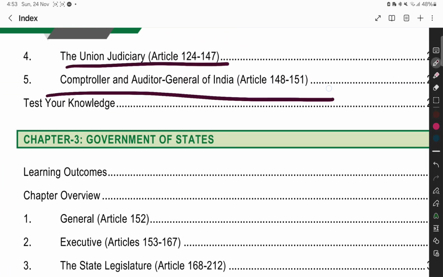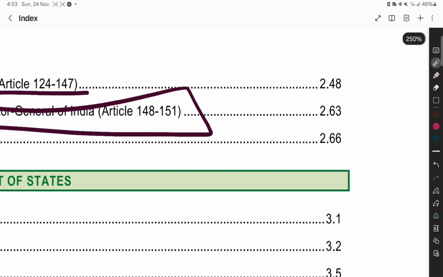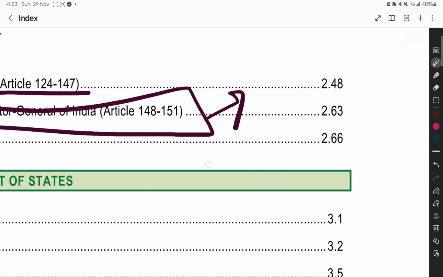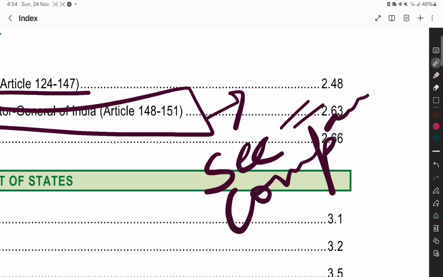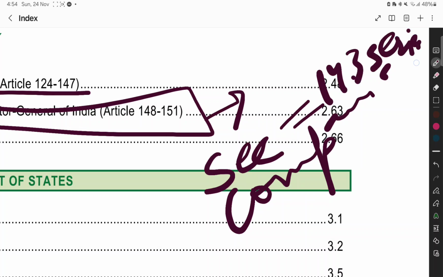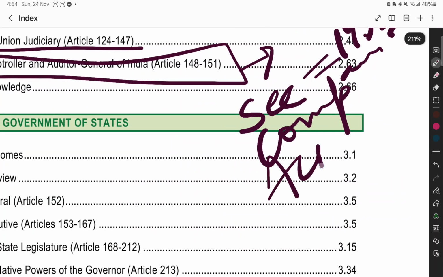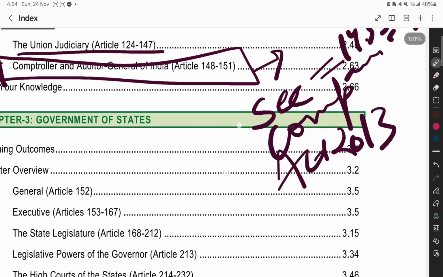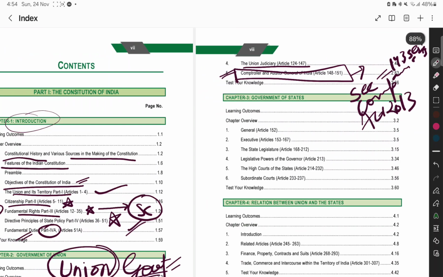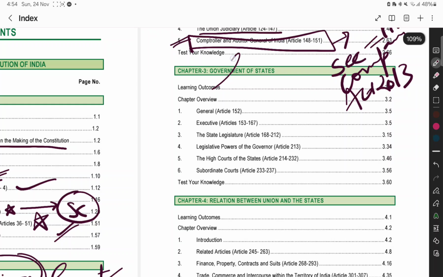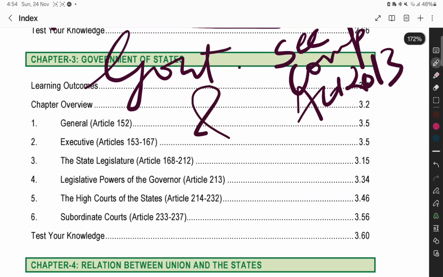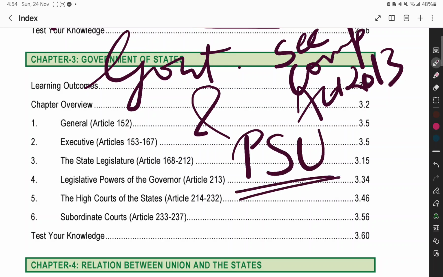And the CAG, most important, regarding which we have already studied the sections in the Companies Act, section 143 series, in the Companies Act 2013, about the CAG functions and roles, especially in government companies. And we also have a topic in audit regarding the public sector undertakings audit.